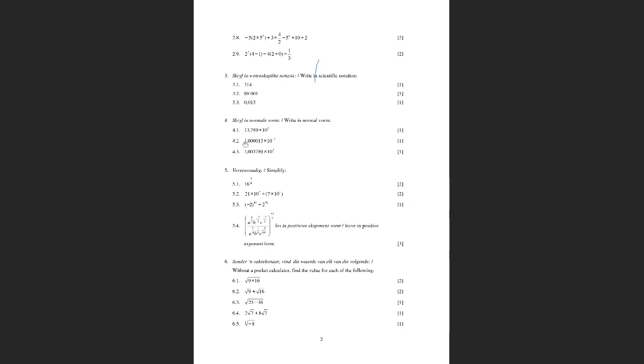5.4. The first thing is that I wanted to change this minus to positive. You see this minus 1 over 2? I wanted to change it to positive. Now to change it to positive, I must flip this thing. The down must come up and the up must come down. So the first one, I wrote it this way.